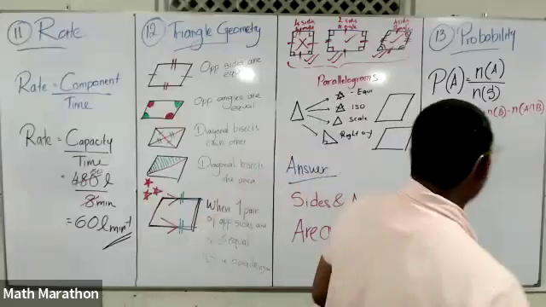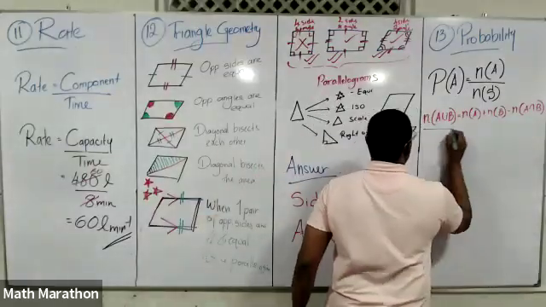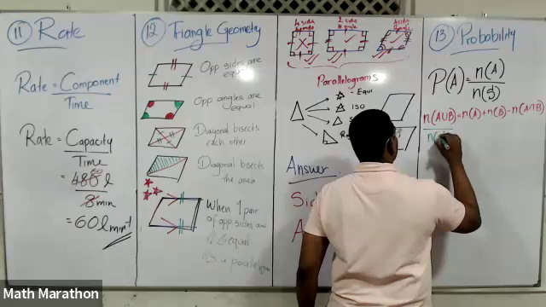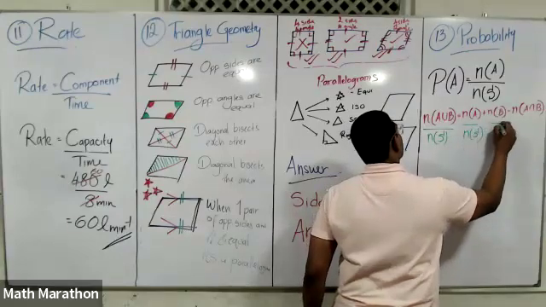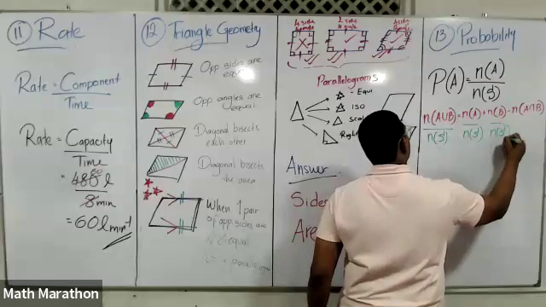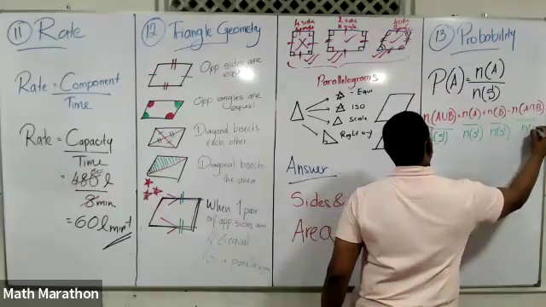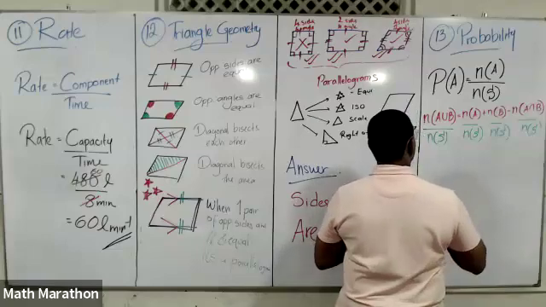Now what we do is we divide this entire thing by sample space. So what do we get?